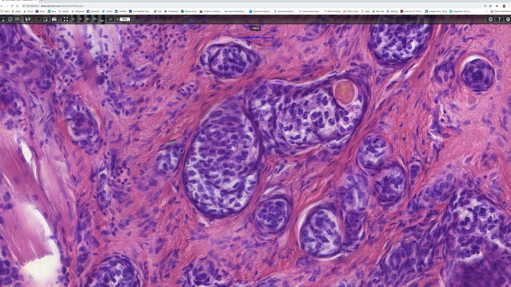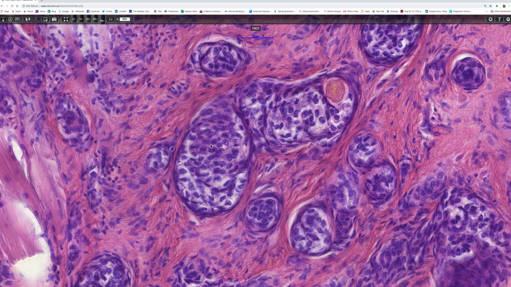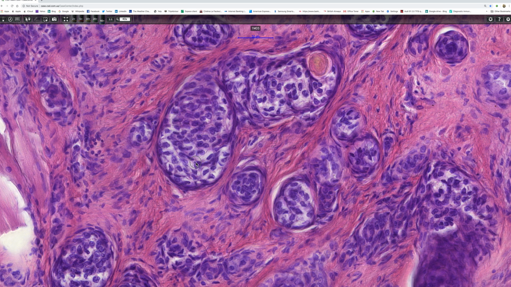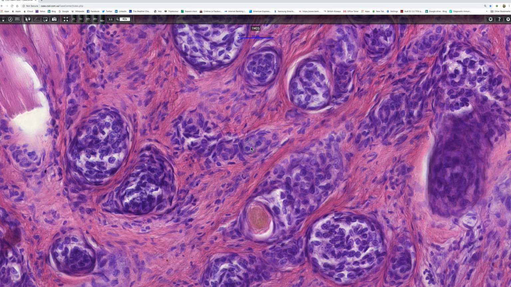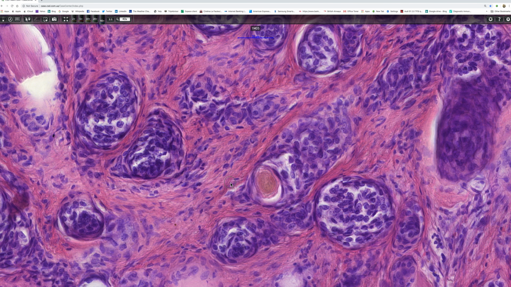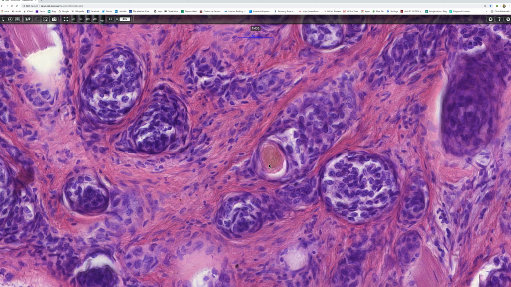And the cytoplasm varies from palely eosinophilic through to clear cell cytoplasm, the latter perhaps suggesting the presence of glycogen. And here's a nice focus of keratinization with lamellae in that field.